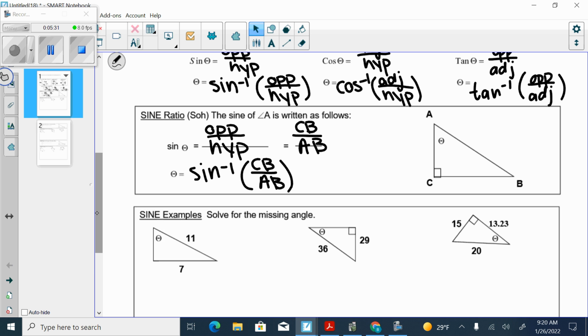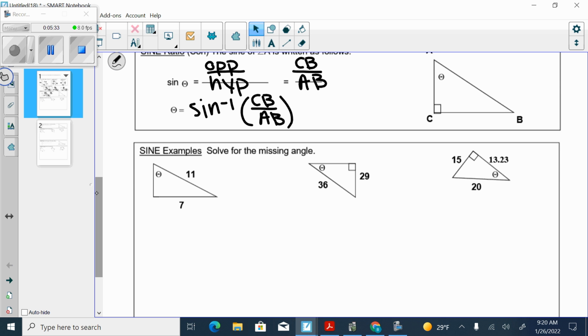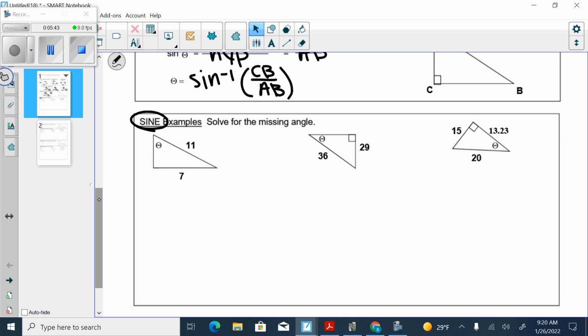Alright, so let's give that a try on an example with some numbers. Okay, so it says in this box, these are sine examples. So we are looking for the missing angle. There's the angle they're referring to, theta. So I am looking for sine of theta for our ratio opposite over hypotenuse.